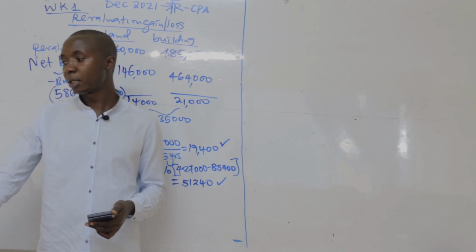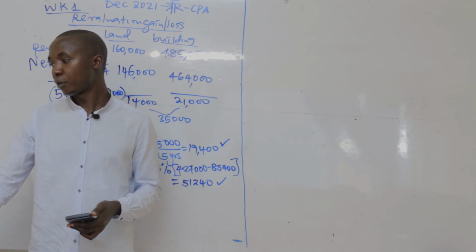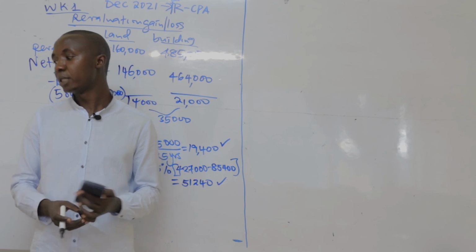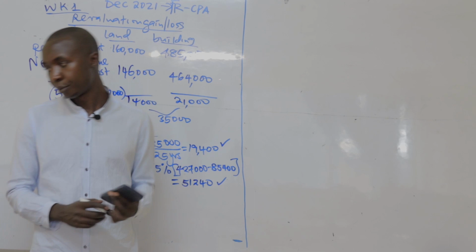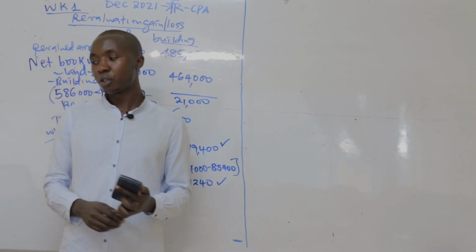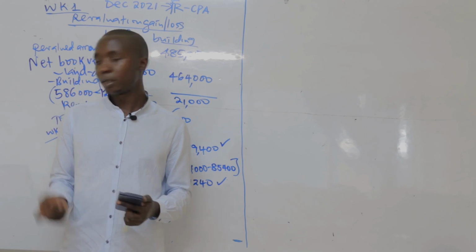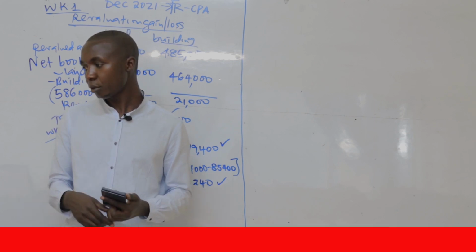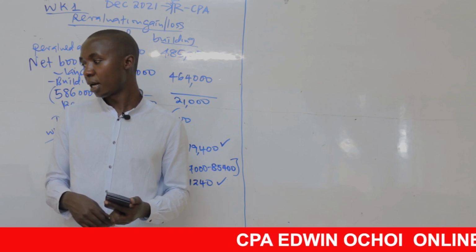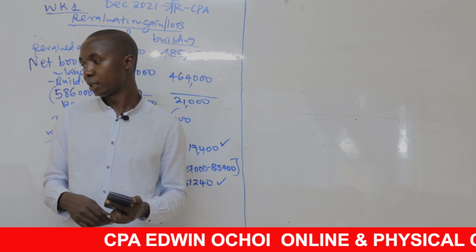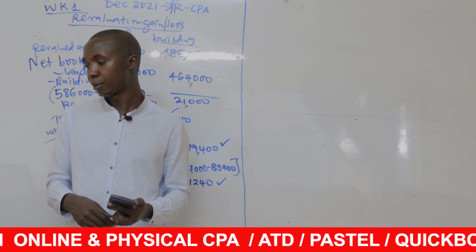And number 3, they were saying that Baobab estimated that an income tax provision of 113.8 is required for the year ended 31st March 2021. Then they continued saying that the balance on the current year's tax in the trial balance represents the under provision of tax liability for the year ended 31st March 2020.